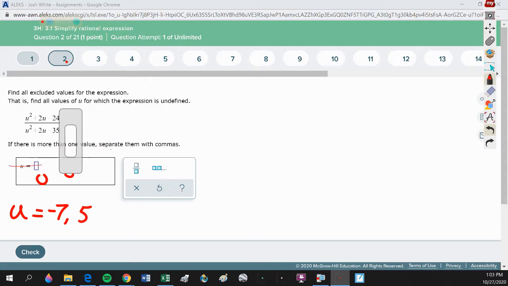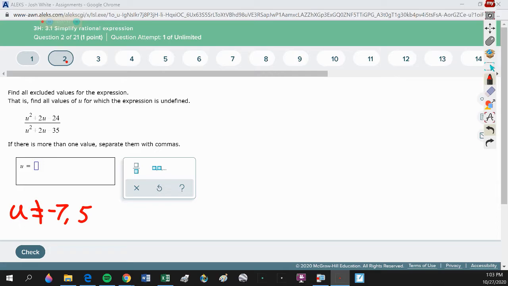Now, what do those numbers mean? If we plug in 5, something will happen on the top, and 0 will happen on the bottom. And anything divided by 0 is undefined. So u is not allowed to be negative 7 or 5.